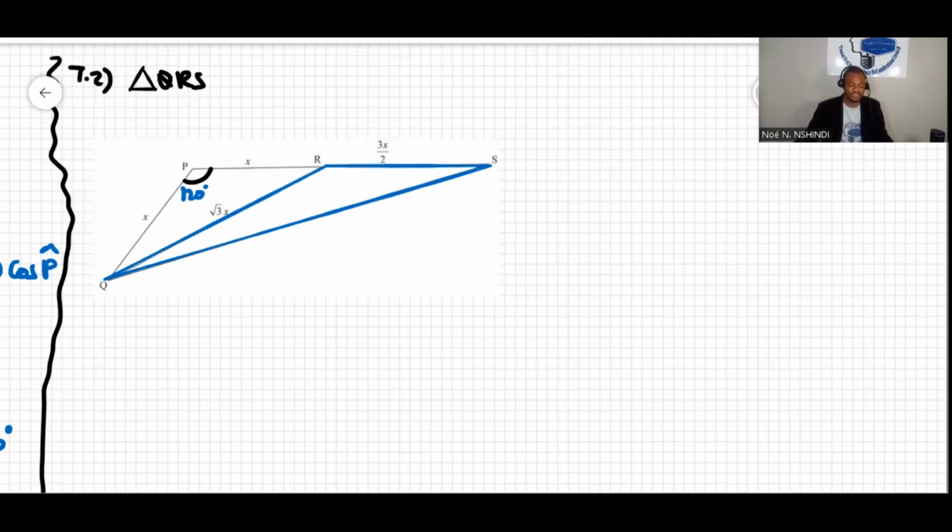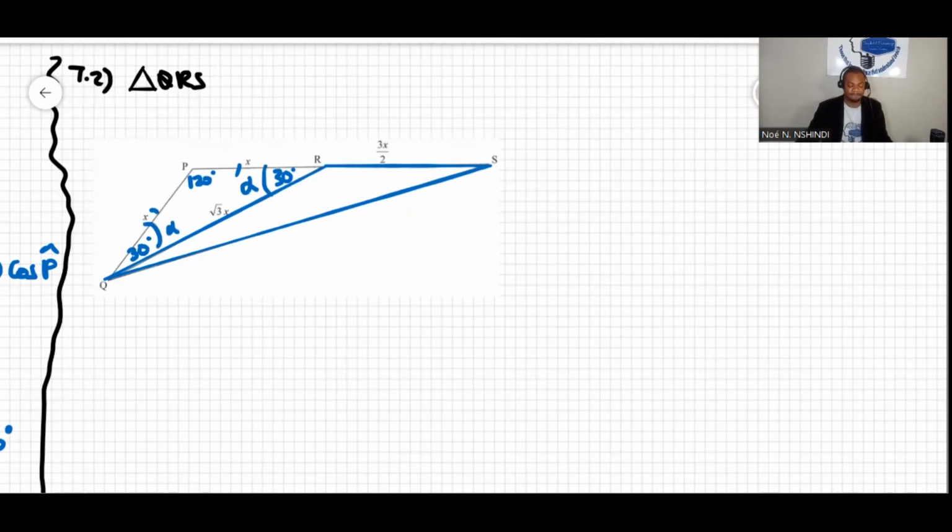We already know that angle P is 120 degrees, and the fact that we have an isosceles triangle here, by inspection, we can see that these angles are 30 degrees. Or someone else can say the angles are alpha and alpha.